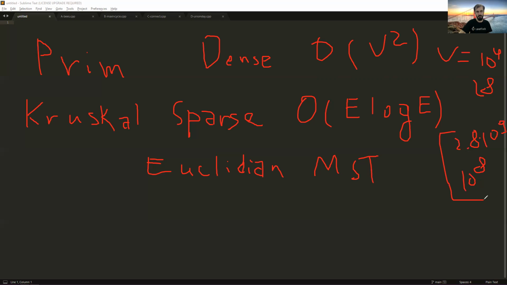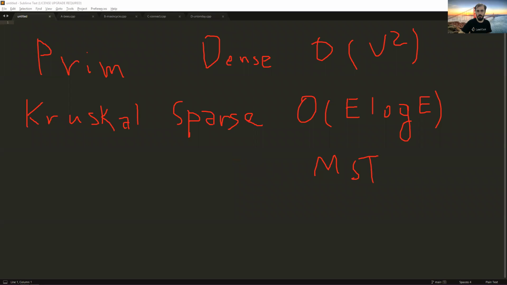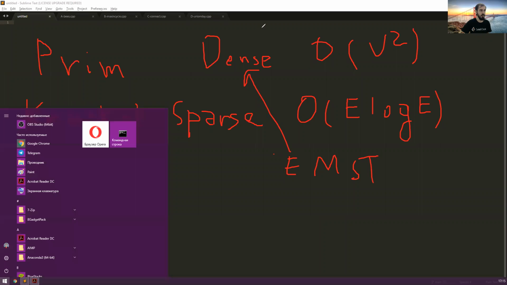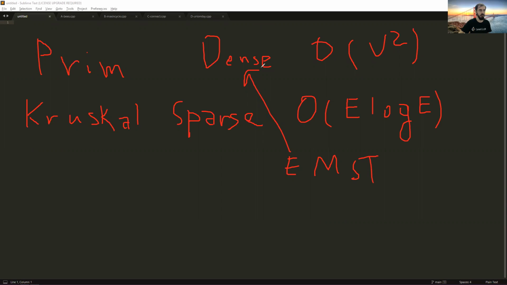So the difference between these two, as you know, is this one is time limit exceeded and this one is accepted. So yeah, we clearly need a better algorithm for Euclidean MST, which is commonly called EMST, right? So EMST. And EMST is a special case of dense graphs. For other dense graphs, it is also beneficial to use Prim's algorithm. And Prim's algorithm is a bit of a different idea.